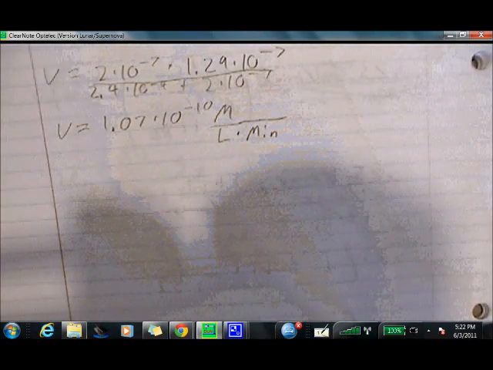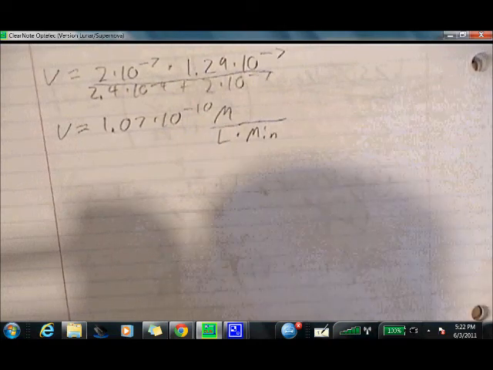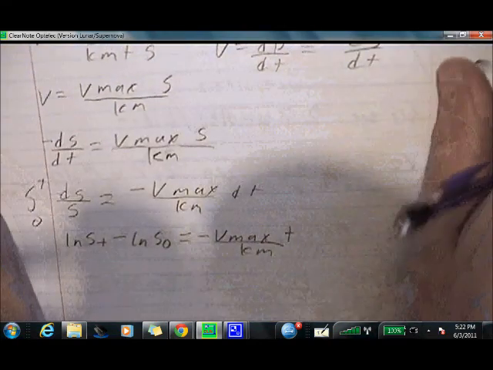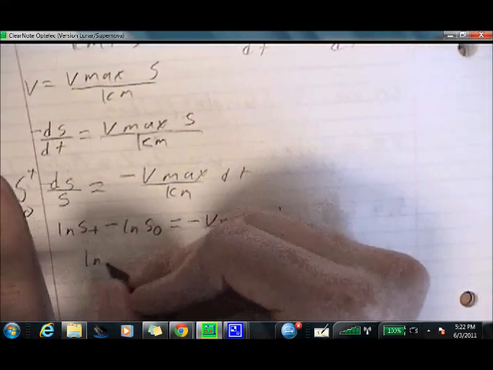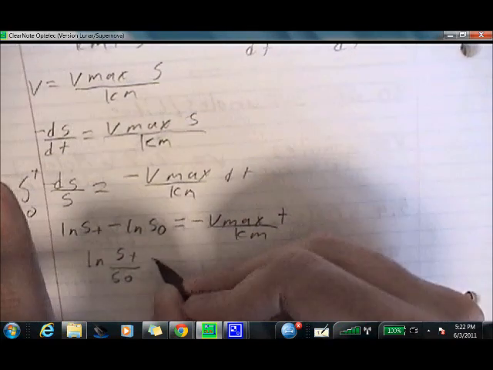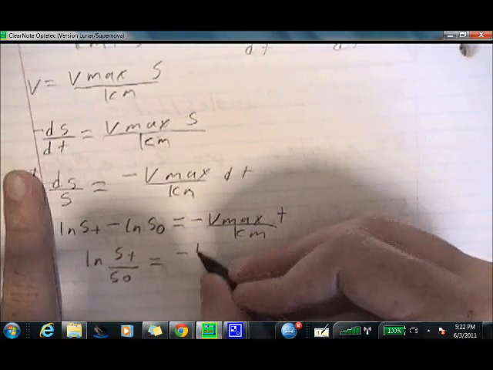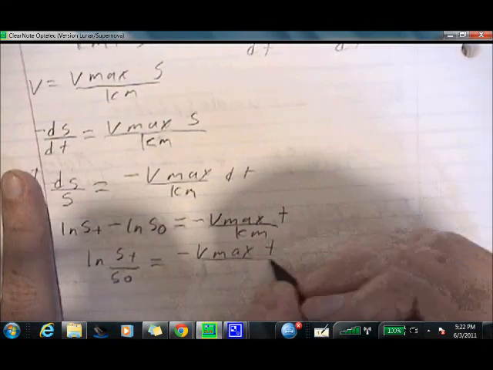Okay. So now we're going to have ln of st, because we can combine these, divided by so, is going to equal negative V max T over Km.